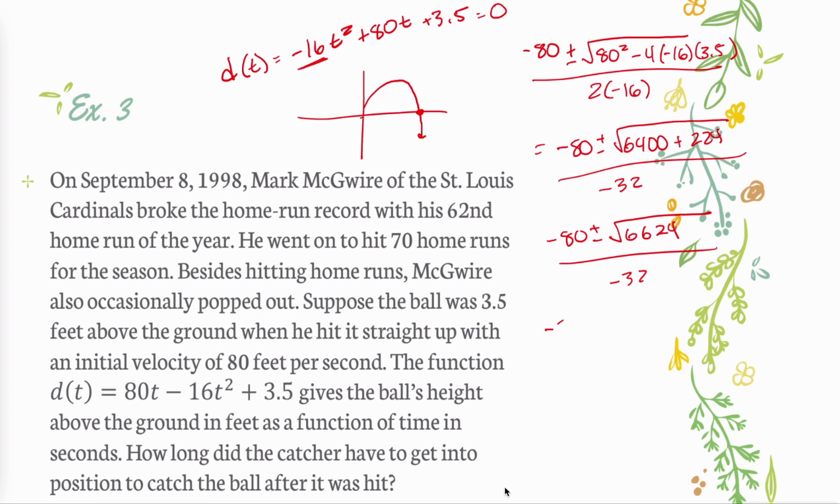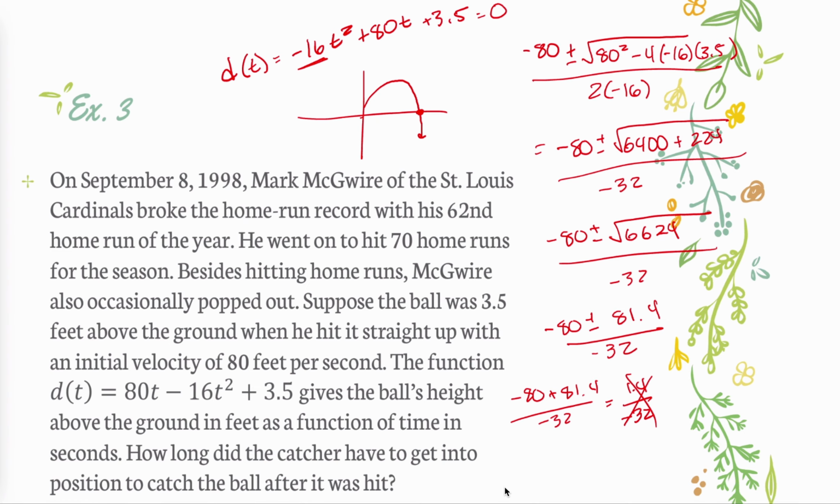So negative 80 plus or minus 81.4 over negative 32. Now, if you do plus 81.4, so negative 80 plus 81.4 over negative 32 is going to be 1.4 over negative 32, which is a negative answer. So you get a negative time there, and that doesn't make any sense.